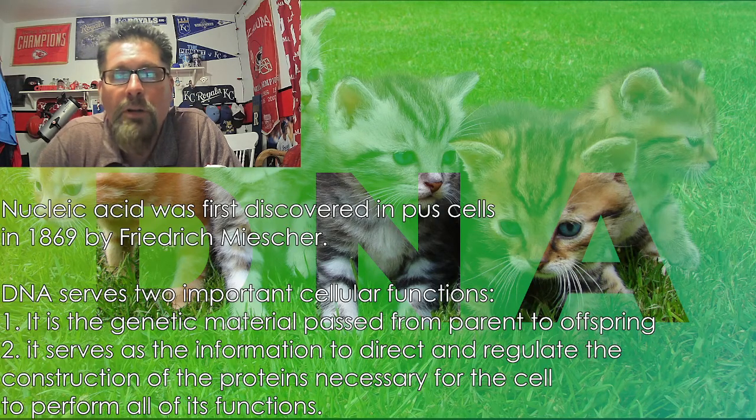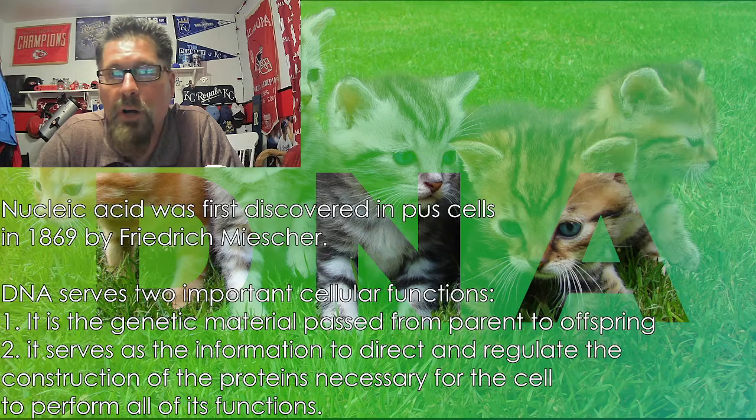But really, the two main functions that nucleic acids have, and it's going to be part of when we talk about replication, it's the background of what we're going to be thinking about. One, it stores and contains genetic material. All the genetic material is going to be passed on from parent to offspring, the traits.